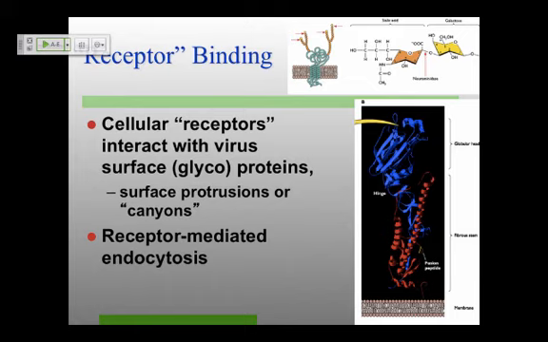This is now one of the monomers of the trimeric influenza hemagglutinin protein. Again, probably the best studied of any of these receptor binding proteins, how it interacts with this receptor. Interestingly enough, influenza hemagglutinin doesn't interact with the protein at all. It just interacts with oligosaccharides that are present on a lot of the proteins.